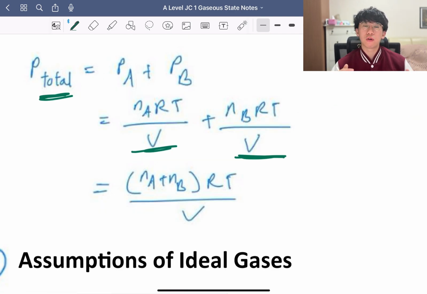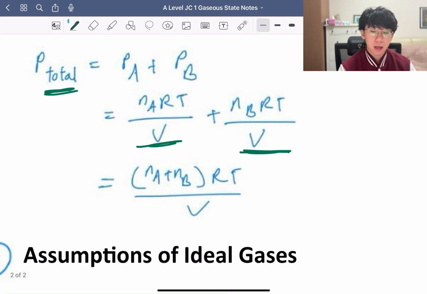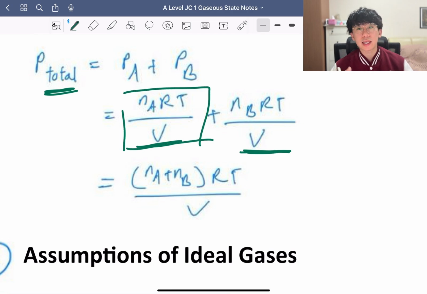So if I were to break down the total pressure into their respective partial pressures, I can further break down the partial pressures into their own nRT over V as shown over here, right? And the only thing that's different is actually the n, because the R, T, and V would be the same for both gases because they are in the same system. You can also take note that V is the volume of the container.